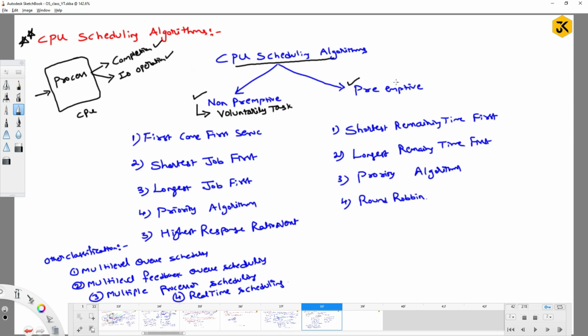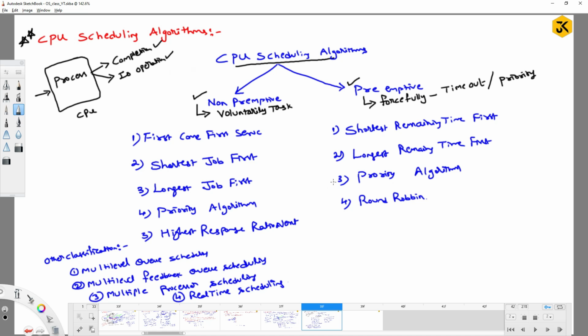Coming to preemptive processes, these do not voluntarily come out of the CPU. They may come out of the CPU forcefully because of some kind of timeout operation, or because some other process has a higher priority.